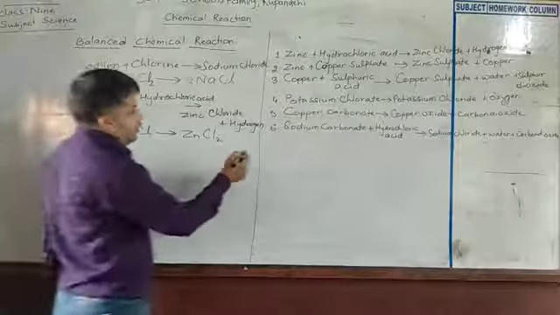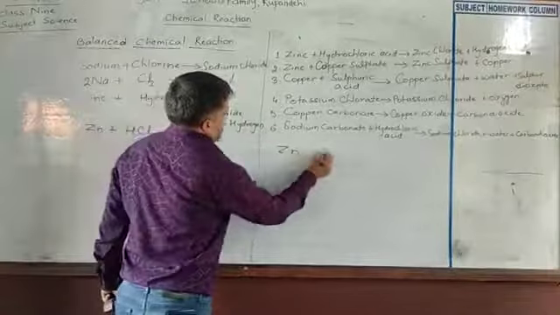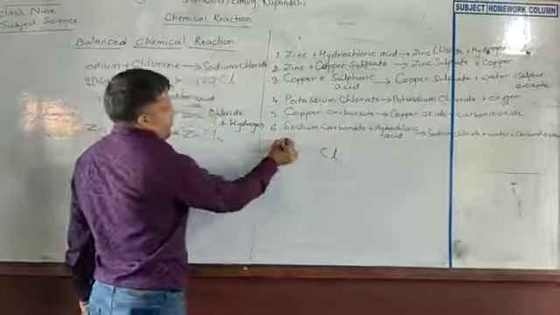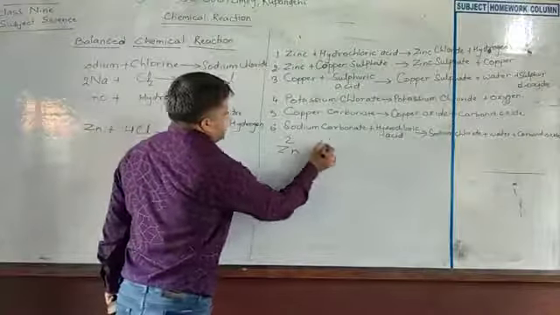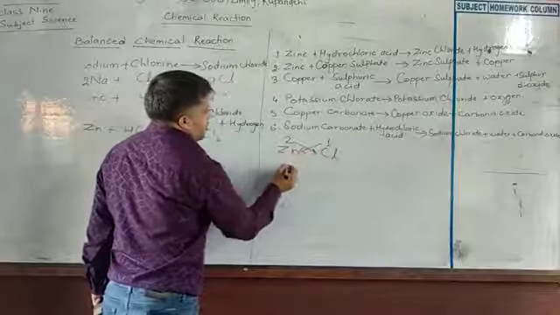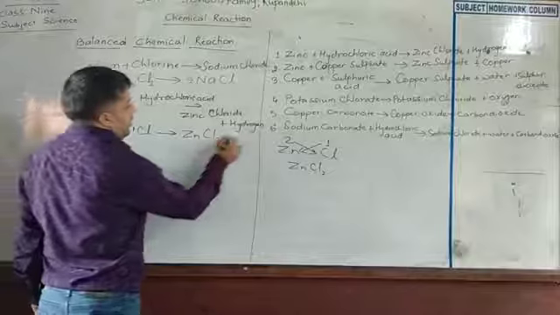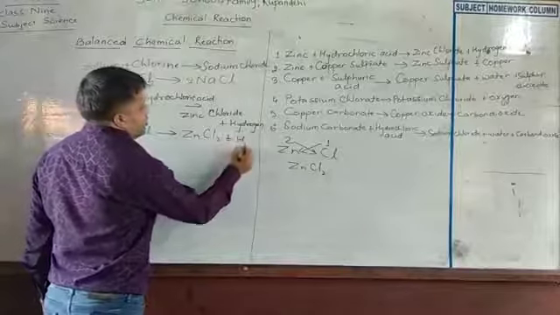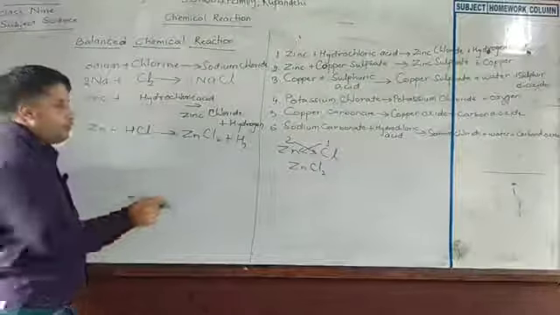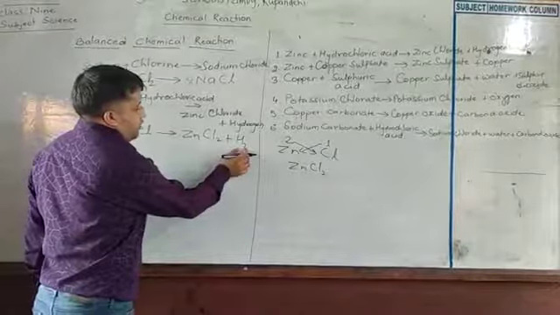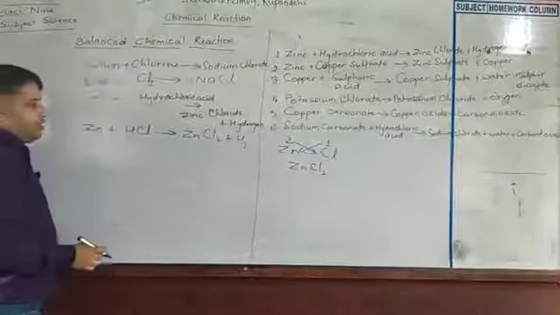Otherwise, we can say zinc valency 2, chlorine valency 1, crisscross, then we get ZnCl2. In this way we can write plus hydrogen. Hydrogen is a diatomic element, so its molecular formula is H2. We write it that way.